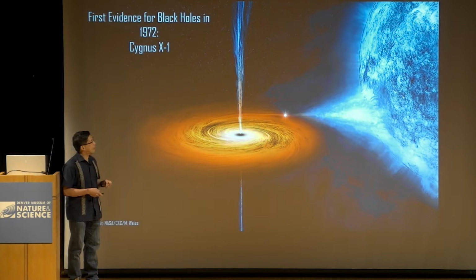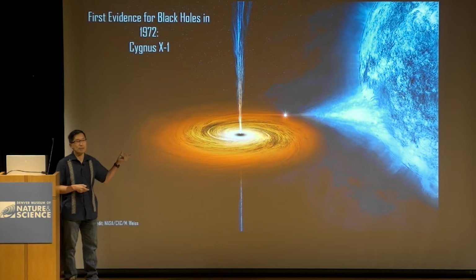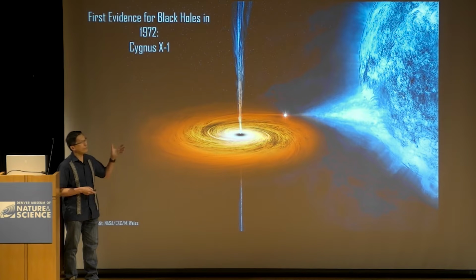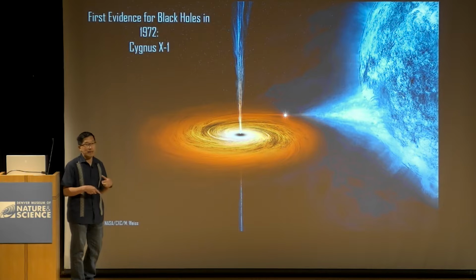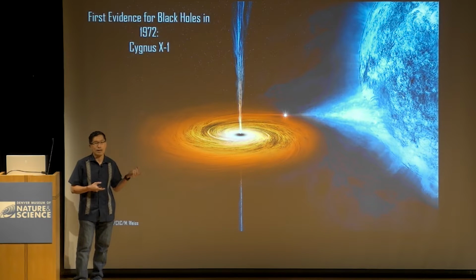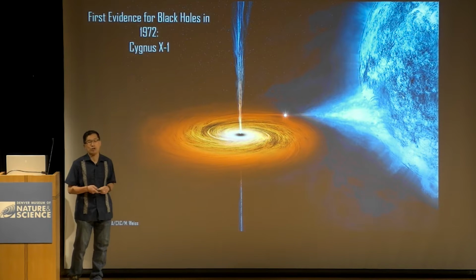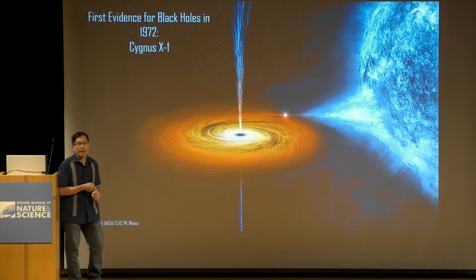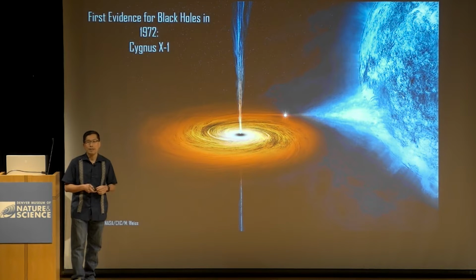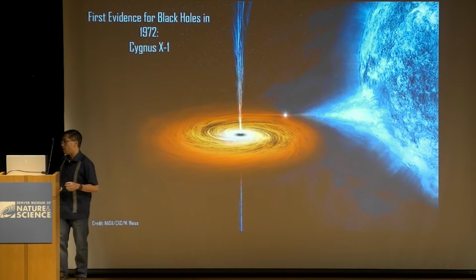Over time, astronomers were able to identify binary systems where we could see one star, but there appeared to be a hidden second object that we couldn't see, but every now and then we would have these transient X-rays. And so that was evidence that there was gas falling in, that gas was getting heated up to millions of degrees, and that showed up as X-rays.